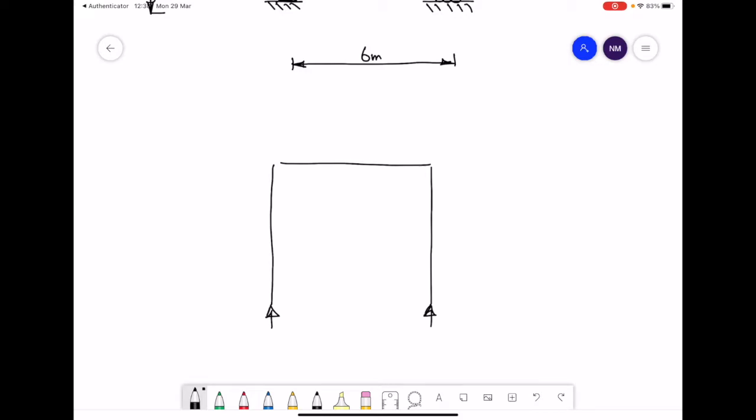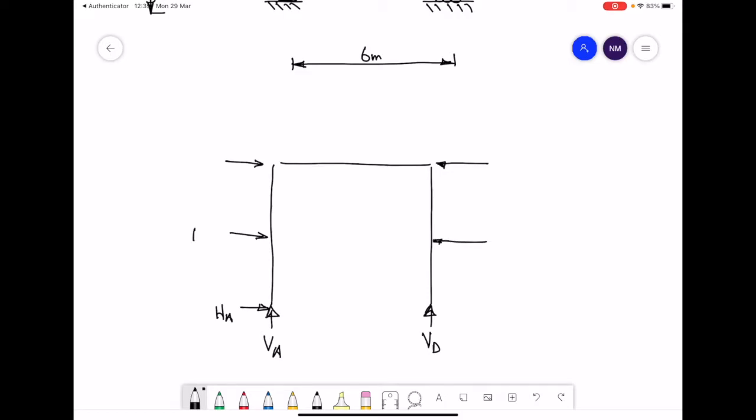At joint A, it's a fixed support, so replace that with two forces. I'll label that VA and HA. And at the support D, it's a roller support, so replace that by one force labelled VD. Draw in the other applied forces.